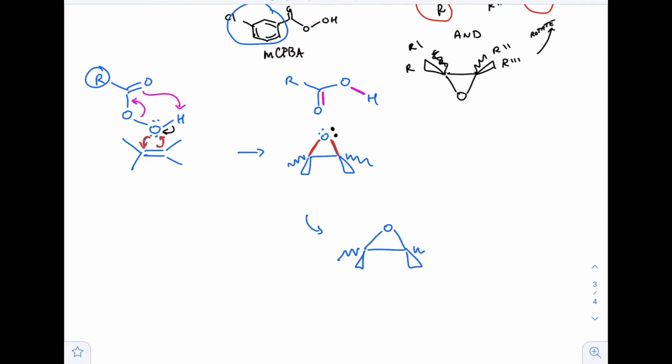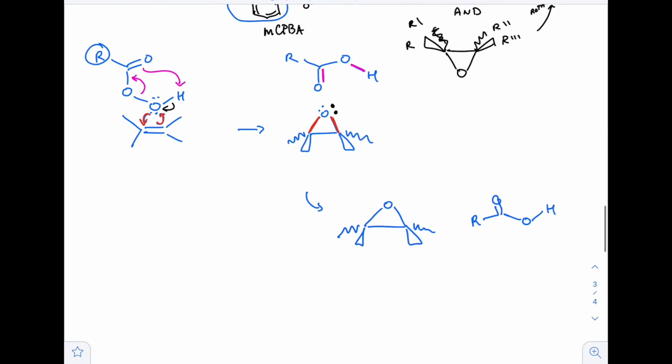We're pros at this stuff now. So that's the mechanism. It's all occurring at the same time, also known as a concerted mechanism, right? And here's the thing. I drew it all color coded, but really the bottom right is to represent just the product drawn normally. Okay, so you end up with the carboxylic acid as well.